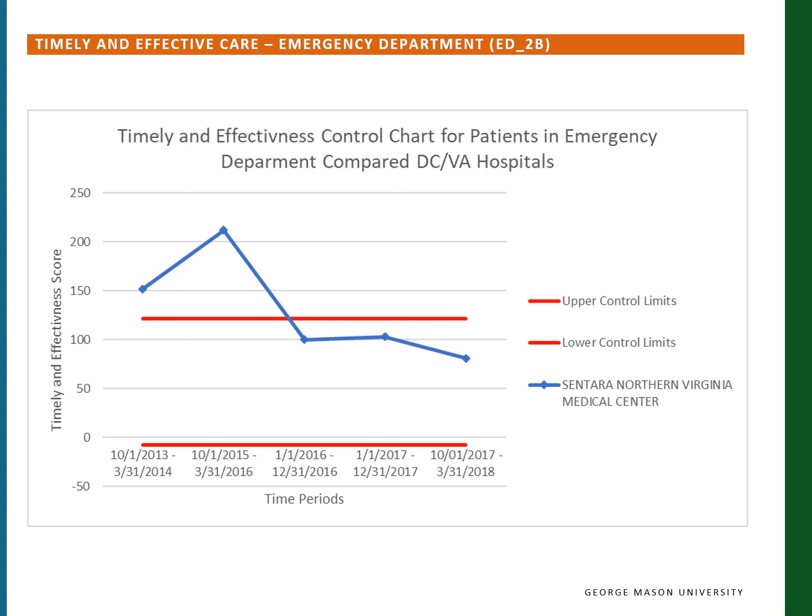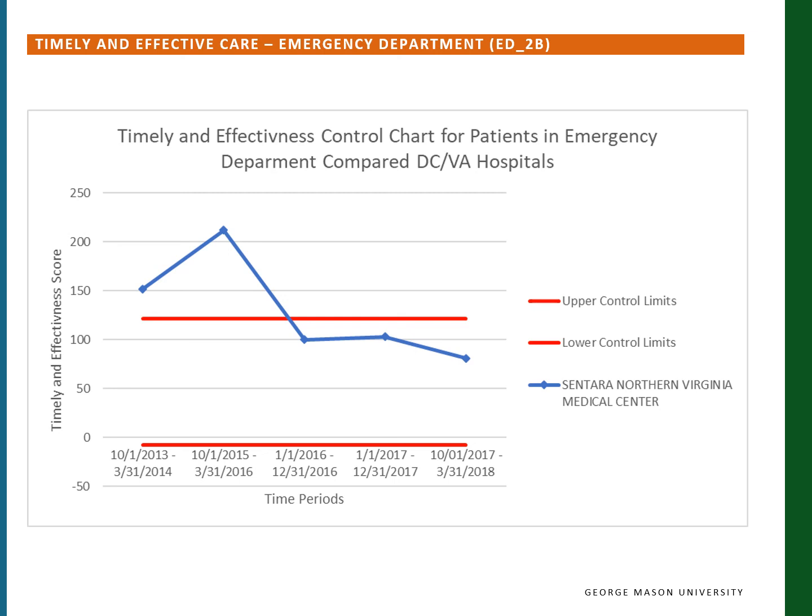From the control chart itself, we can see that between 2013 to 2015, there was an upward trend from 150 to 200. And then from October 1st, 2015, you see a sharp decrease to about January 2016, dropping from 200 to 100.